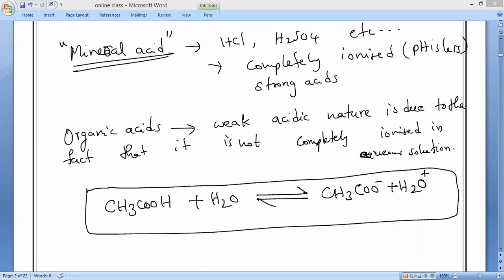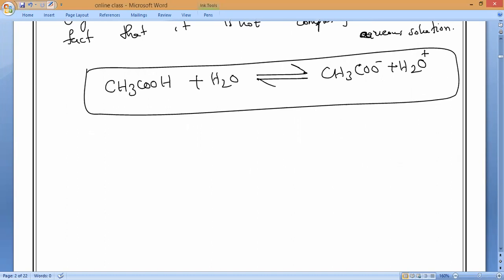Next, the second one: reaction with metals. This is a well-known equation for us.